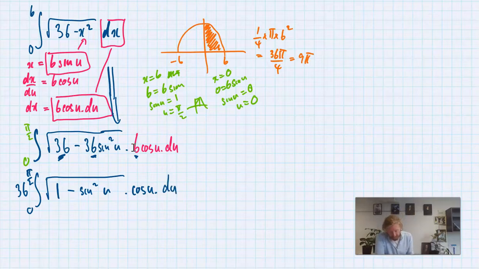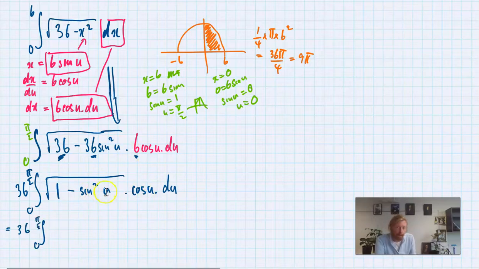That equals 36 integral pi on 2, 1 minus sine squared is cos squared. The square root of cos squared is cos. That cos u is still there.